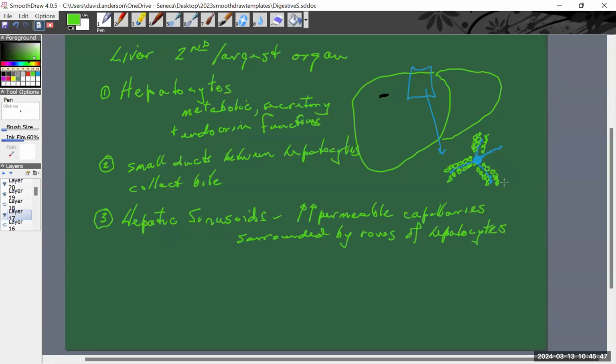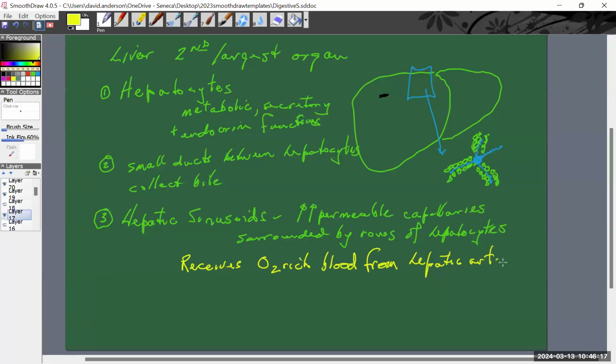So we're going to find out one of the most important features of this liver is that the liver receives oxygen-rich blood from hepatic arteries.